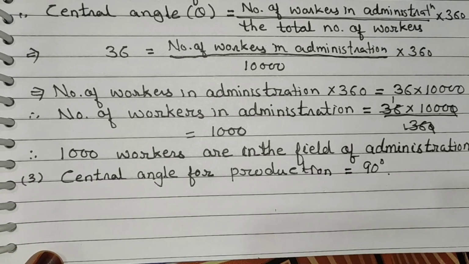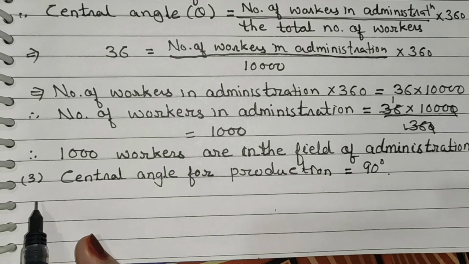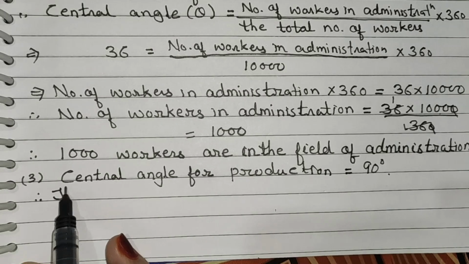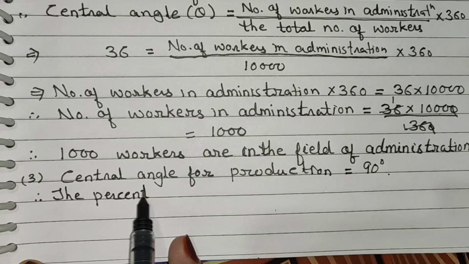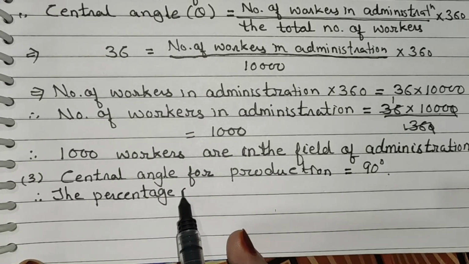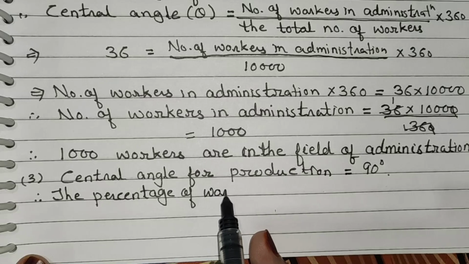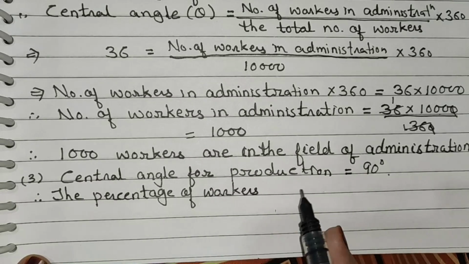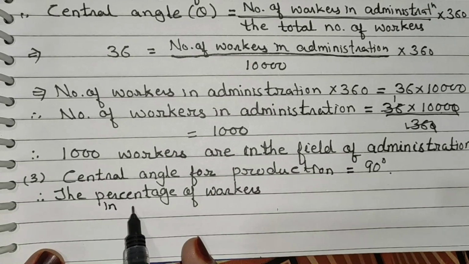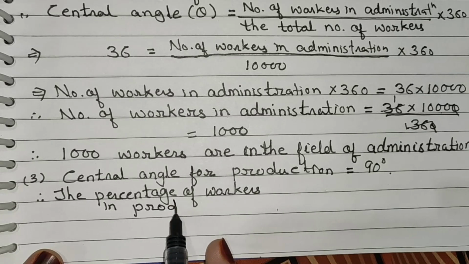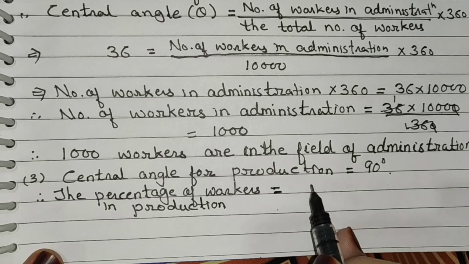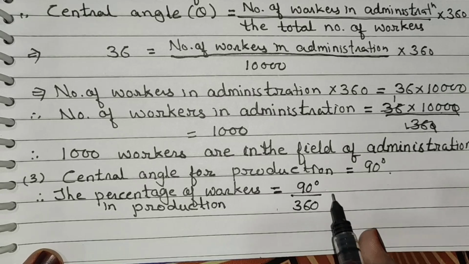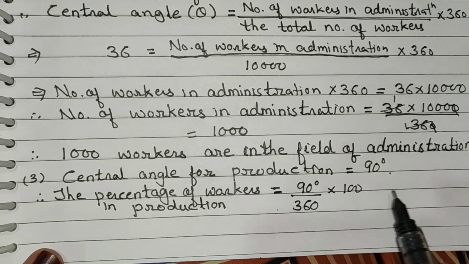Now our aim is to find the percentage of workers in production. Therefore, write down here the percentage of workers in production is equal to 90 out of 360 angle into 100.